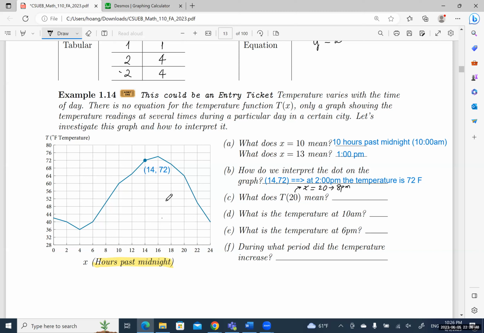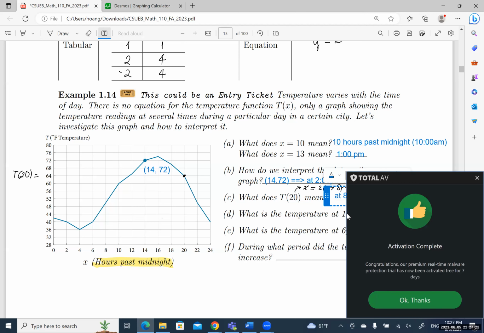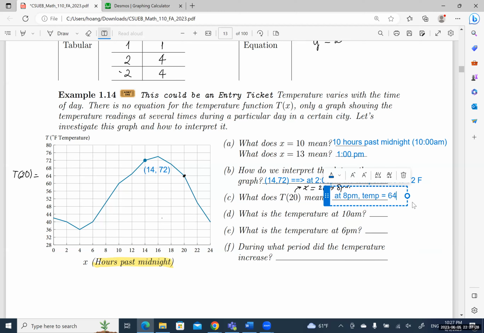So at 8 p.m., or the 20 here, you will have the value of T(20) equal to 64. So you will say, at 8 p.m. the temperature is equal to 64 Fahrenheit.